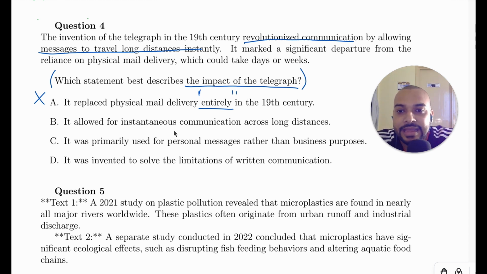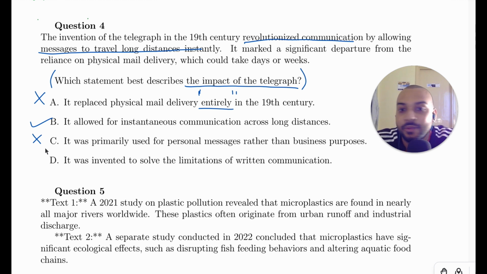Option B, it allowed for instantaneous communication across long distances. That option is correct, but we still don't know if it's the most correct one. Next, it was primarily used for personal messages rather than business purposes. Nowhere has it been mentioned. We don't want to invent information. It was invented to solve the limitations of written communication.